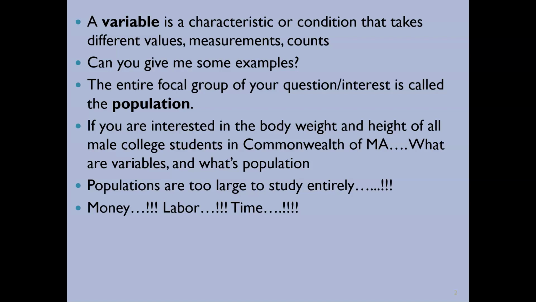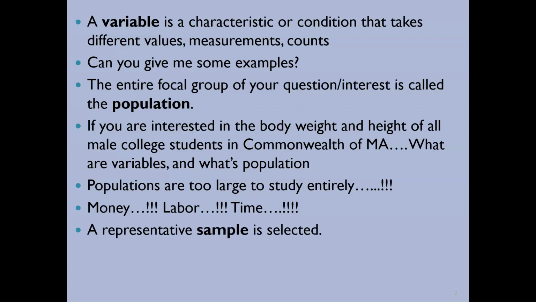If you're going to do this for all male college students, you have to go to every college in the state, find every guy, and measure his height and weight. That's going to take a lot of money. You have to travel all over the state, and you're going to need a lot of help, and that's going to take time. That's why population level studies are logistically challenging.